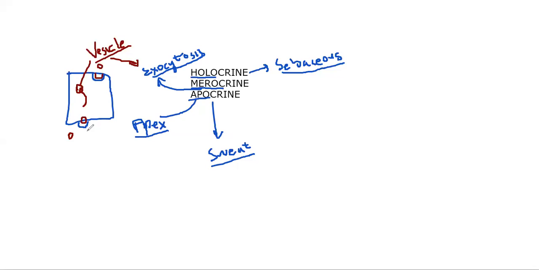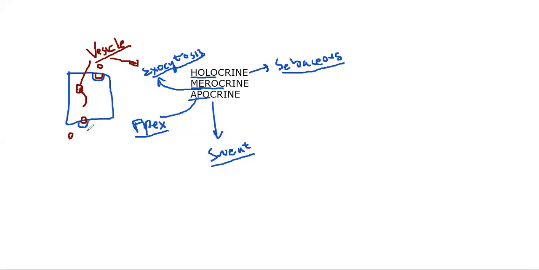So I'm saying that if the vesicle is going from the cell outward, we call that process what? Exocytosis. But if that vesicle is coming into the cell, we call that what? Endocytosis, because it's coming into the cell, endo, right? If it's going outside, exo, it's exocytosis, right?